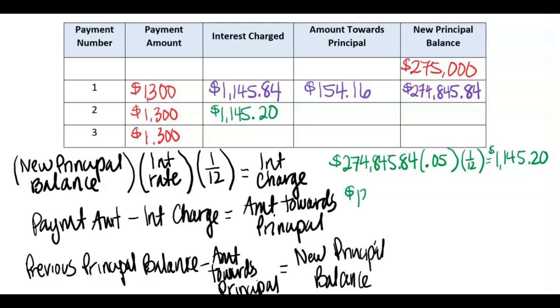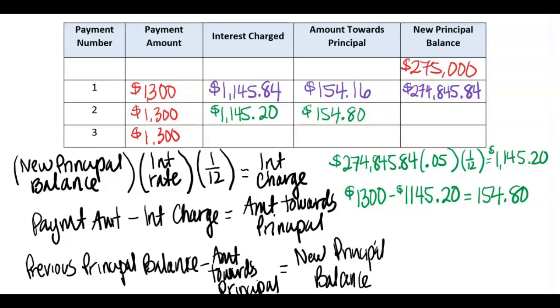So to find the amount that goes towards principal, we take $1,300, her monthly payment, subtract $1,145.20, that is the interest charge for that month, to get $154.80. So $154.80 will be the amount that goes towards principal.